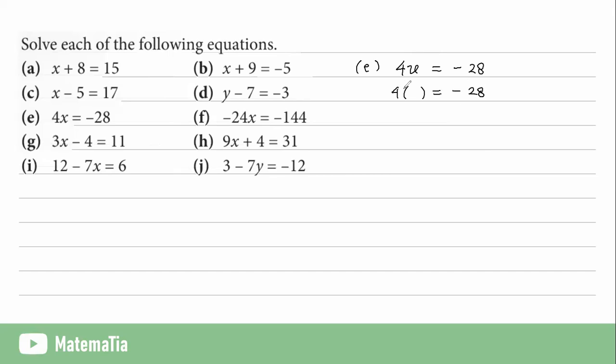We know that 4 times 7 is equal to 28, right? So we may pick a negative number here. So 4 times negative 7 is equal to negative 28. It means the value of x is negative 7.